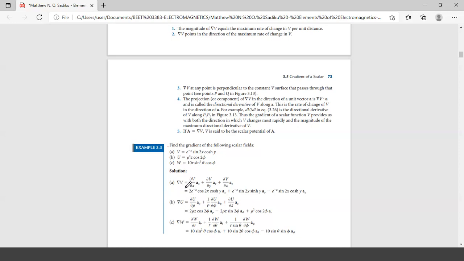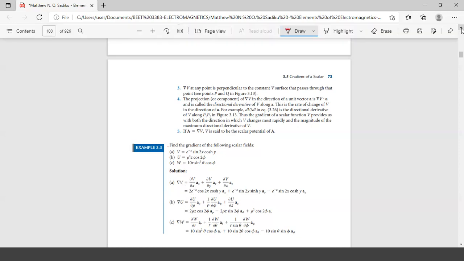From the equations of the gradient, we can see that 2x and y is Cartesian. So we can use the formula del V equals del V over del x in the direction of x, del V over del y in the direction of y, del V over del z in the direction of z.